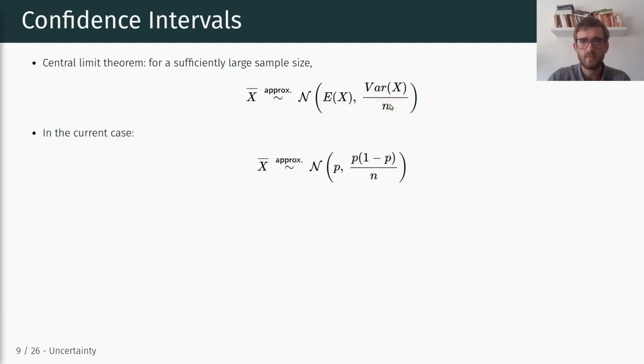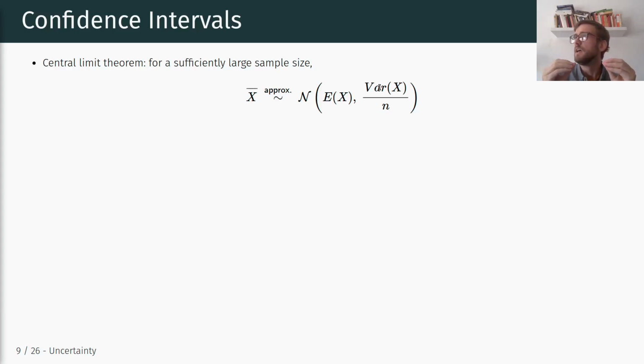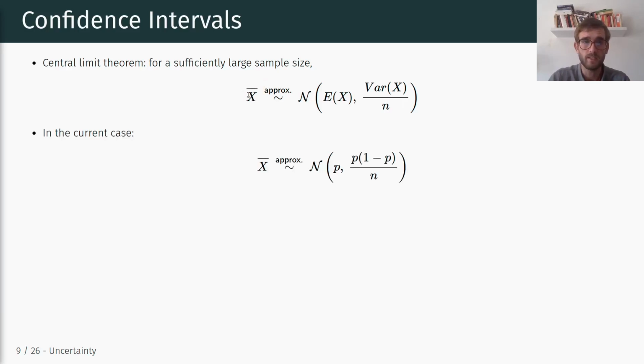And I should say this is where oftentimes the confusion comes in. The variance of x here is the variation in the individual x's, the underlying random variable, and variance of x divided by n is the variance of the sampling distribution, the distribution of x bar over repeated samples. So that's where this dividing by n comes in.